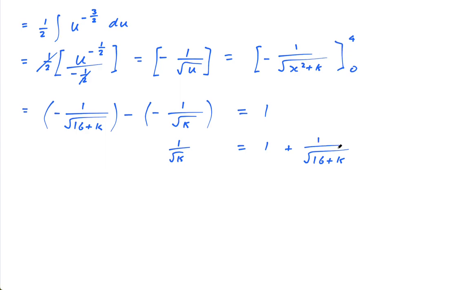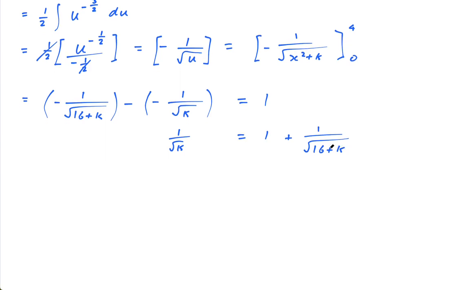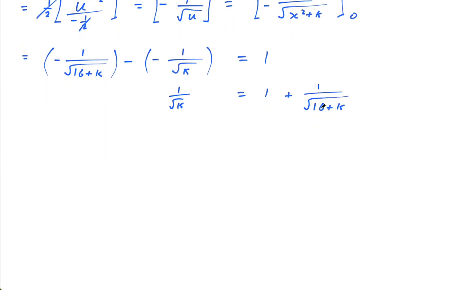Okay, nearly done. Then I'm going to multiply everything by root 16 plus k and root k, because I want to get rid of these denominators. So I'm going to multiply the left by root 16 plus k and root k, because that will cancel with this root k.